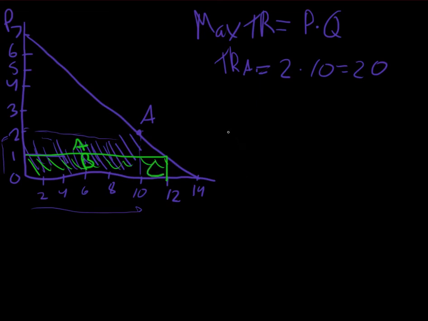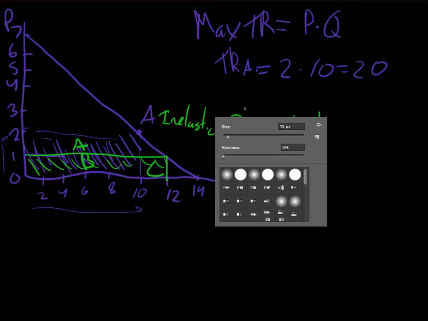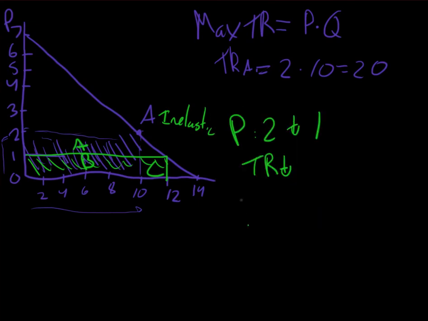So dropping my price from 2 to 1 will actually lower my total revenue. And here, I was in an inelastic portion. In an inelastic portion of my demand curve, as the price goes down, my total revenue will fall. What could be the explanation?